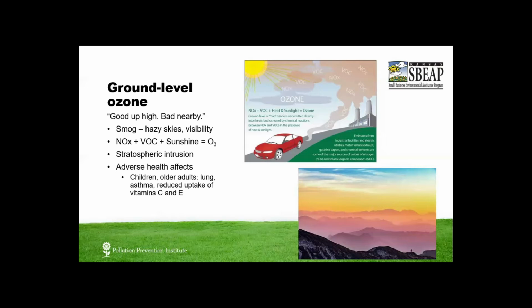Natural sources of ground level ozone can occur in some areas when the jet stream brings air from the stratosphere into the troposphere, which is a phenomenon known as stratospheric intrusion. These events can cause high ozone concentrations. O3 can adversely impact persons with asthma, bronchitis, emphysema, children, older adults, and can reduce lung function and harm lung tissue in people who are active outdoors, especially outdoor workers.